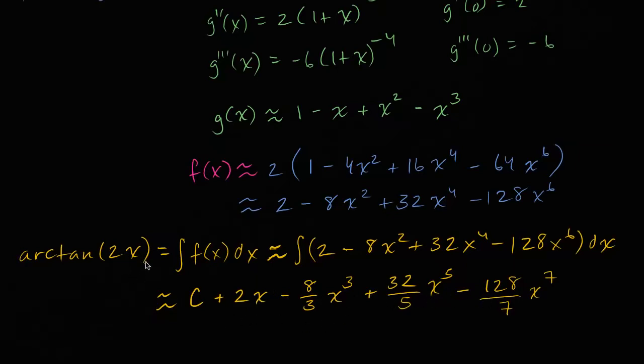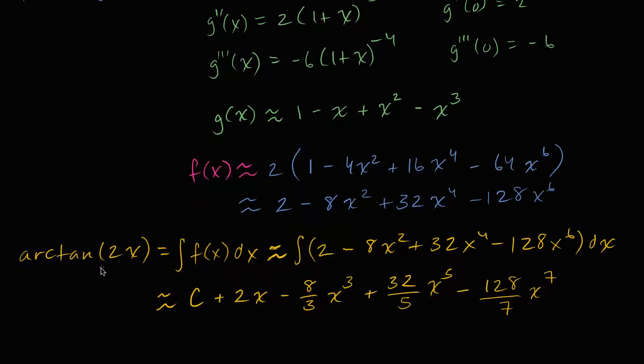But now let's just make sure that our constant is appropriate for arctangent of 2x. This should essentially evaluate to what arctangent of 2x is when x is equal to 0. And what is arctangent of 0? Well, remember, this is centered at 0, so we better get it right there. That's just the most basic thing if we're doing the Maclaurin series representation.